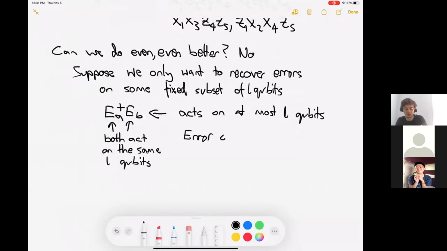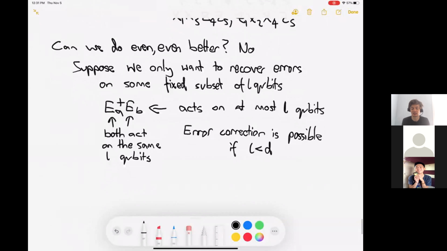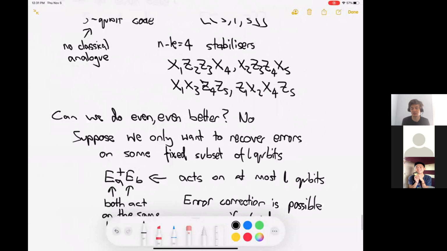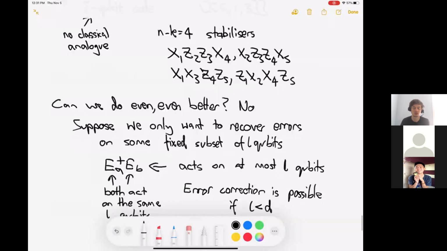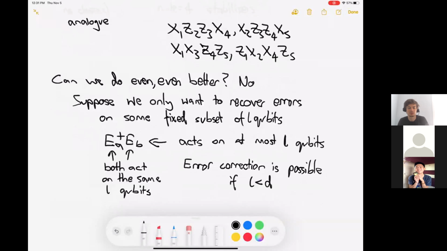Error correction is therefore possible so long as L is strictly less than D. Okay, so to correct errors on arbitrary qubits when we didn't know which ones had experienced the error, we could only correct errors on half of D minus 1 qubits. But now we can correct errors on D minus 1 qubits.